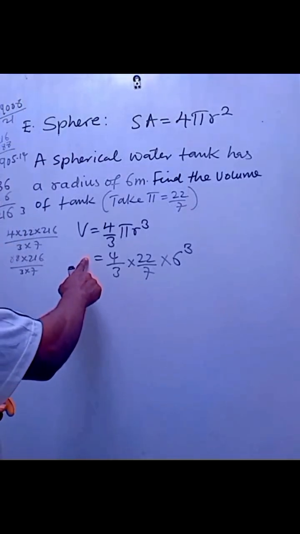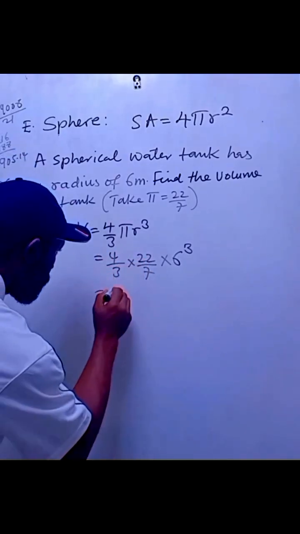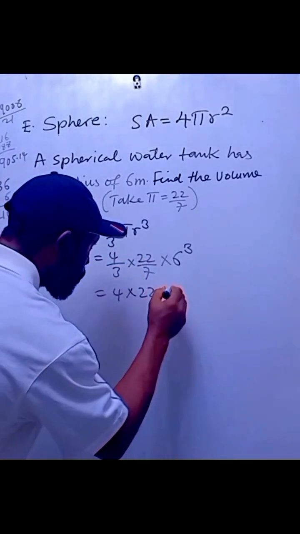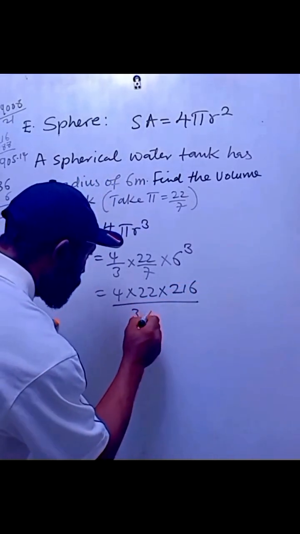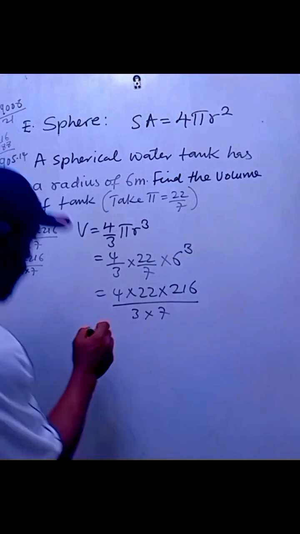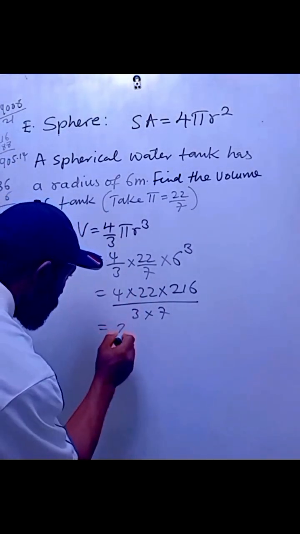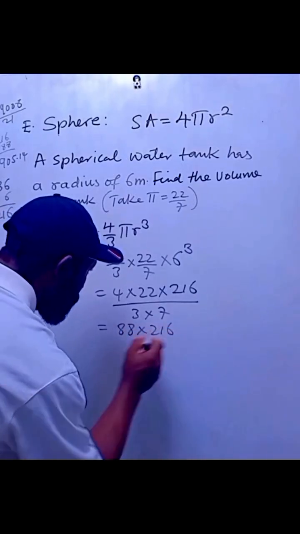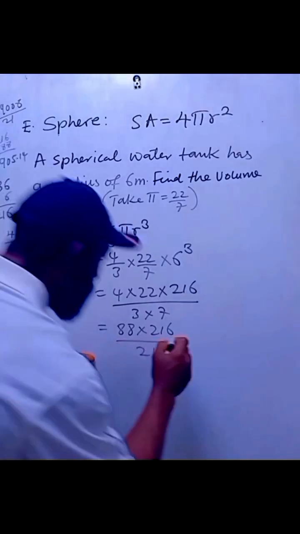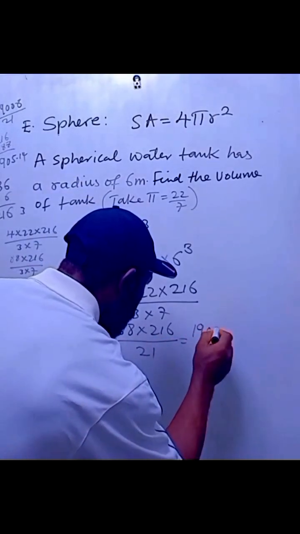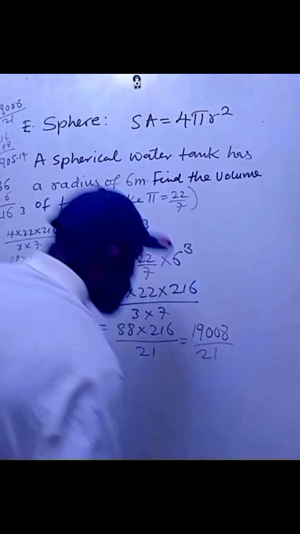The volume of the water tank is equal to 4 multiplied by 22 multiplied by 216 all over 3 multiplied by 7. And this value is the same thing as 4 multiplied by 22 is 88 multiplied by 216 all over 21, which is 19,008 all over 21.